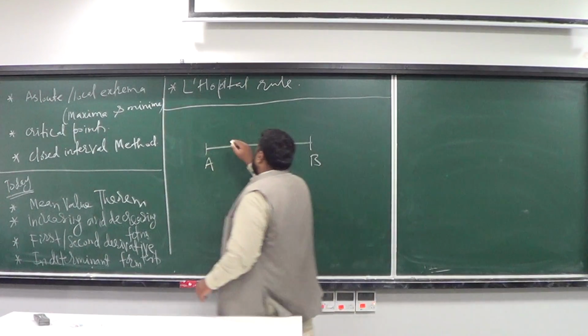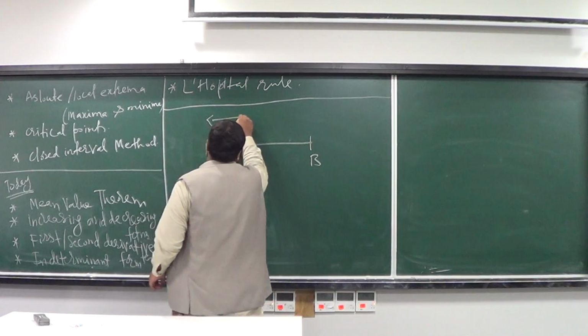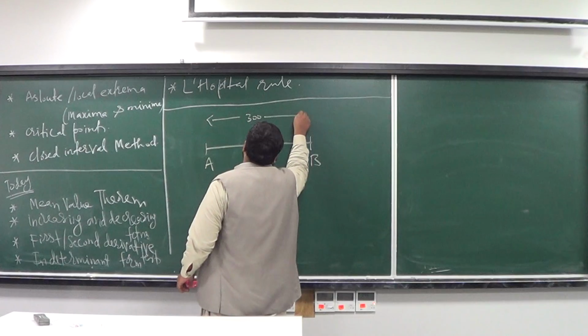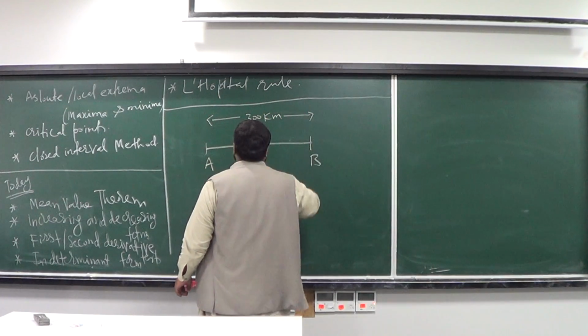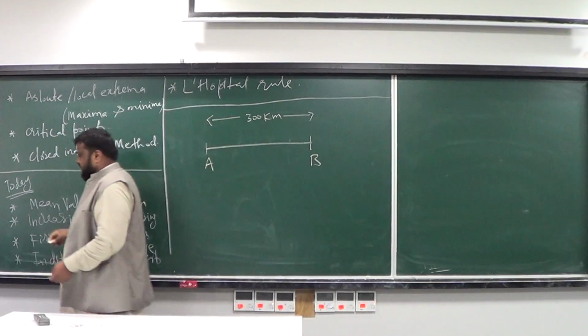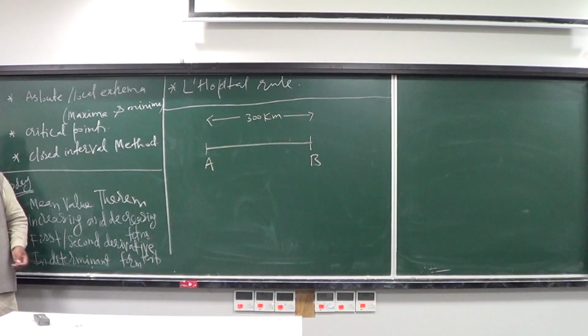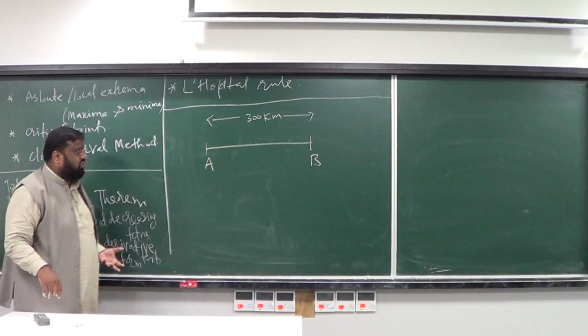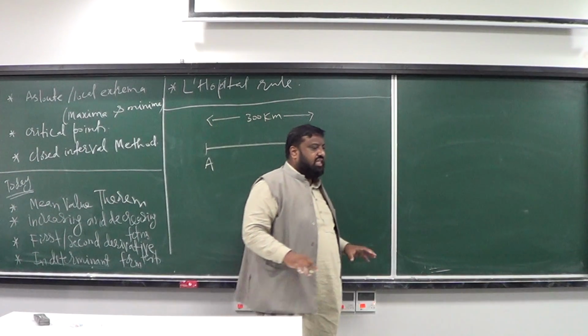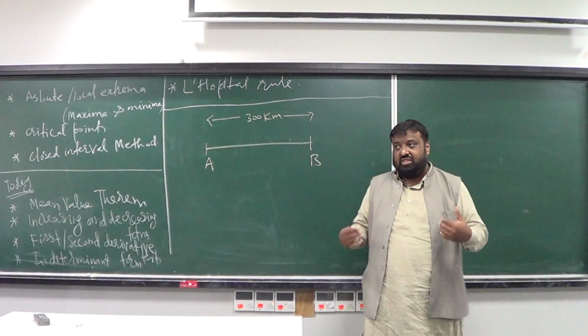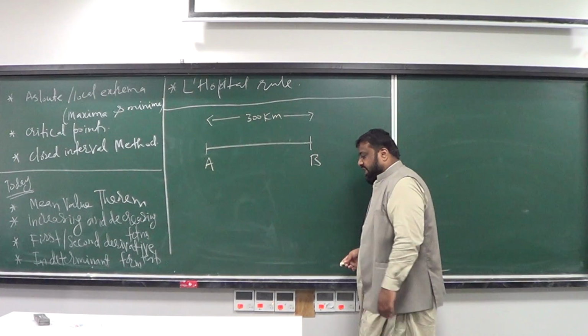Let's assume that the distance between the two cities is 300 kilometers, and let's assume that this road is a very busy road, because there is a lot of traffic and a lot of rush.